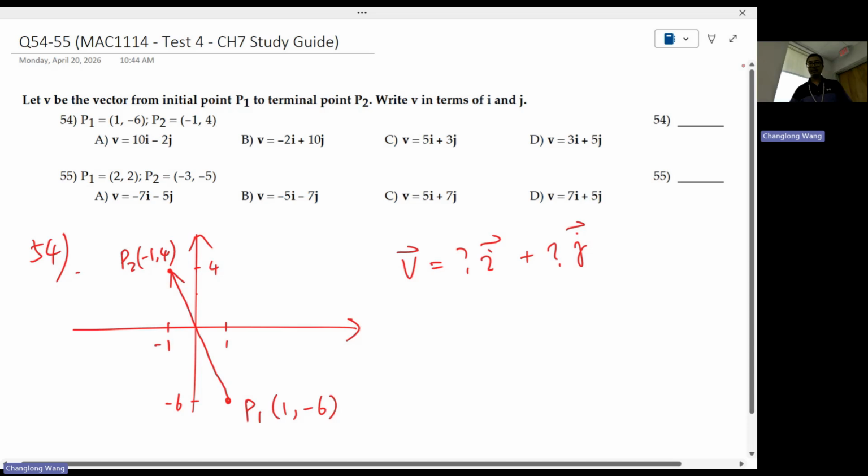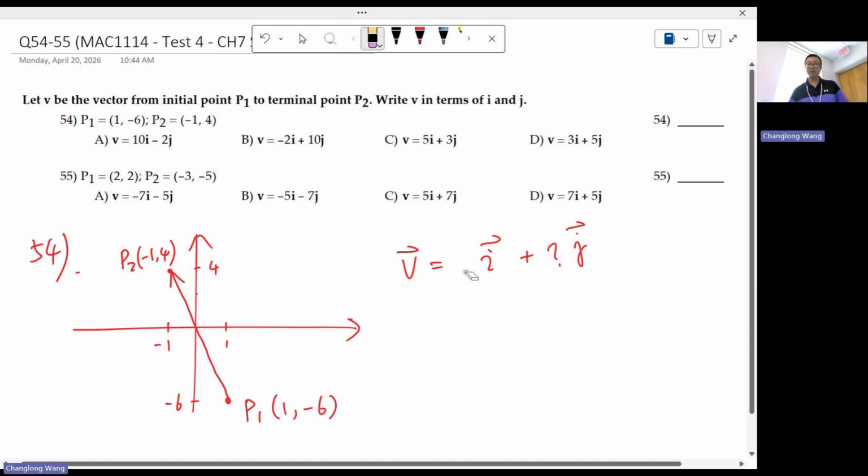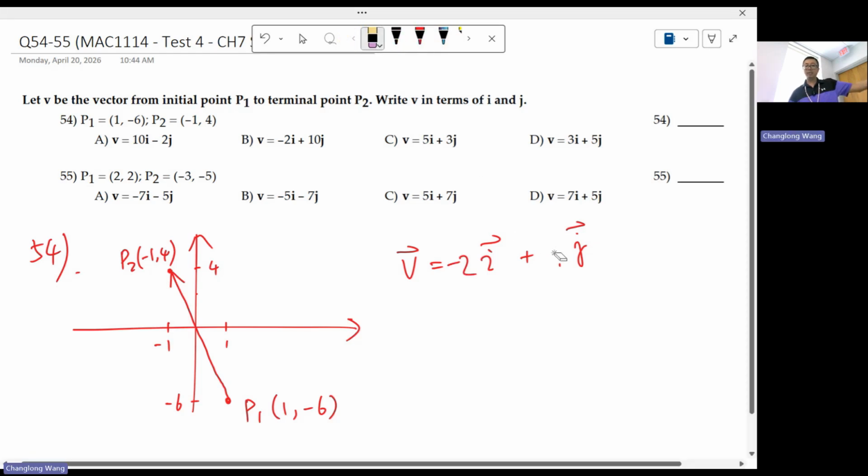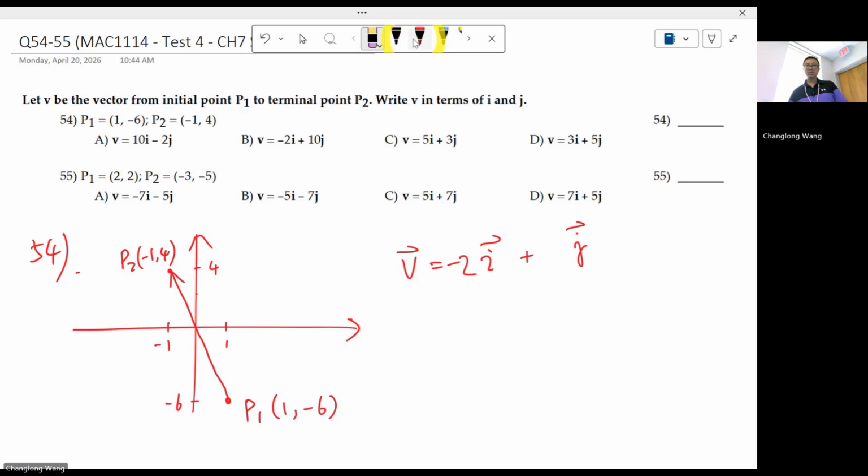And that's the number in front of I, right? That means you're looking at negative 2 units of run. Then now you guys tell me what will be the rise. To go from negative 6 to 4, so 4 minus negative 6, that's 10. Okay, that's it.